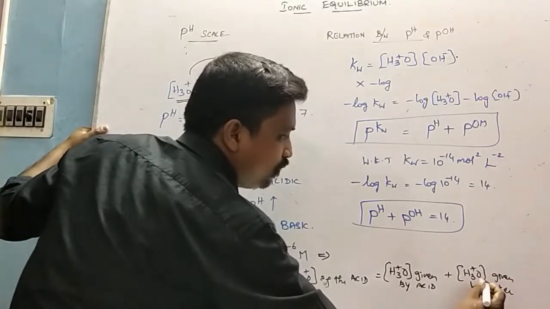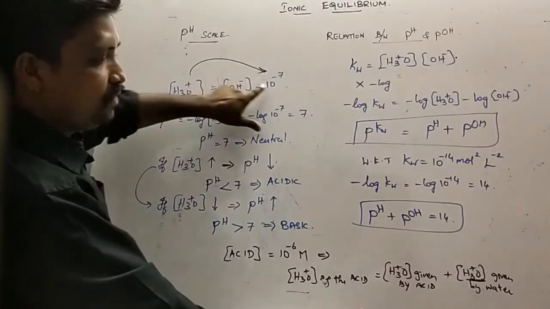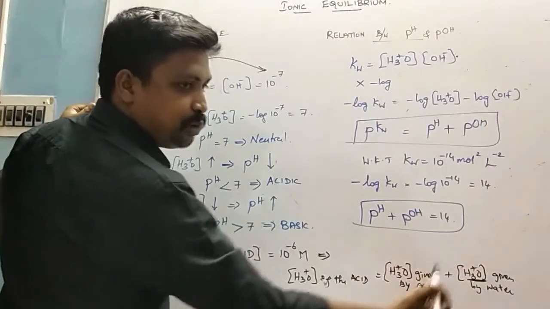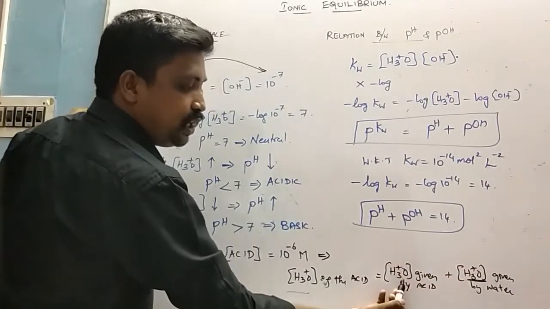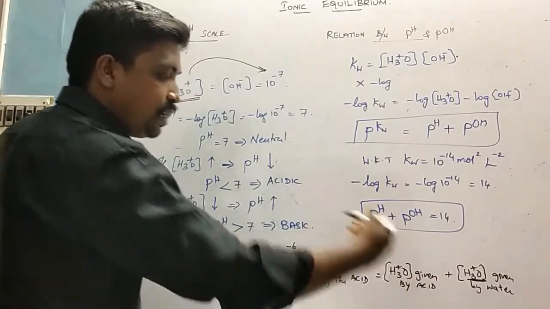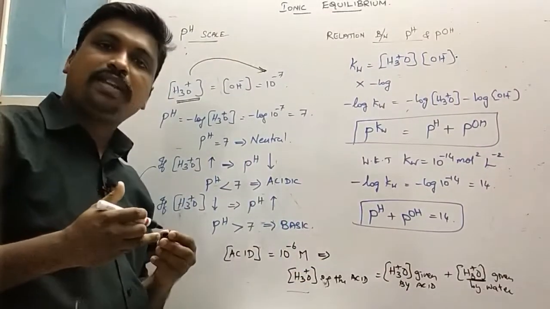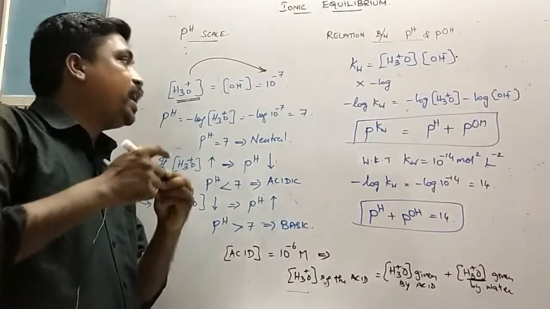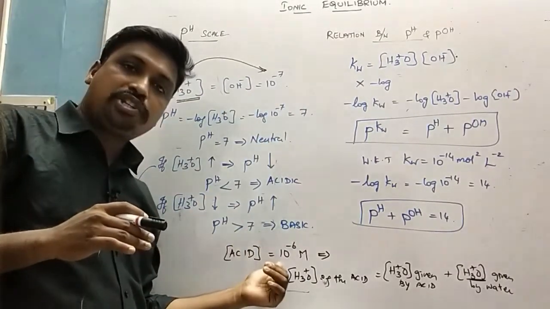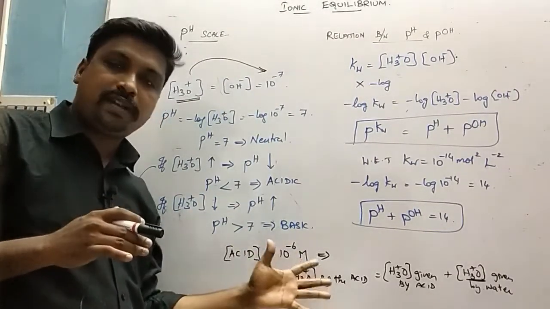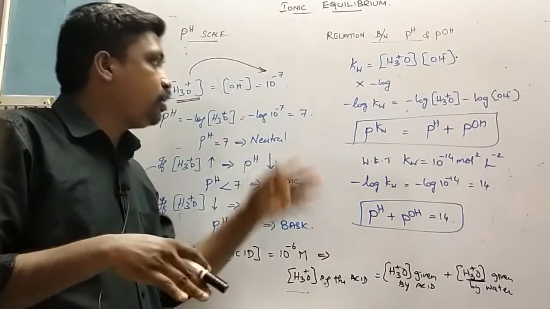We know this value is 10 power minus 7. We have to add that value to the H plus ions given by the acid. We cannot omit it at concentrations of the order of 10 power minus 6. For very low concentrations, we have to consider this also.